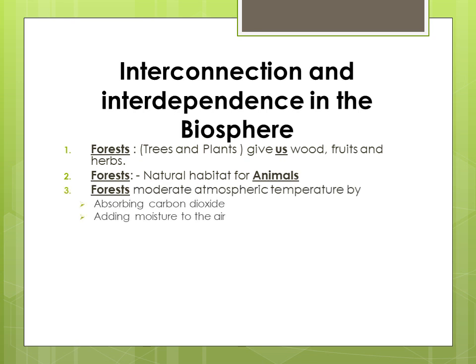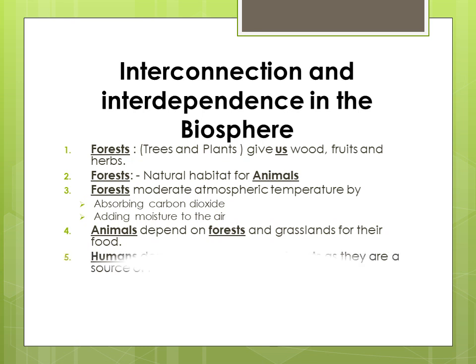Wild animals live in forest. Forest is their home. Number 3, forests also moderate atmospheric temperature by number 1, absorbing carbon dioxide, number 2, adding moisture to the air. Absorbing means taking in carbon dioxide. Moisture means adding water vapor to the air. Number 4, animals depend on forests and grasslands for their food.